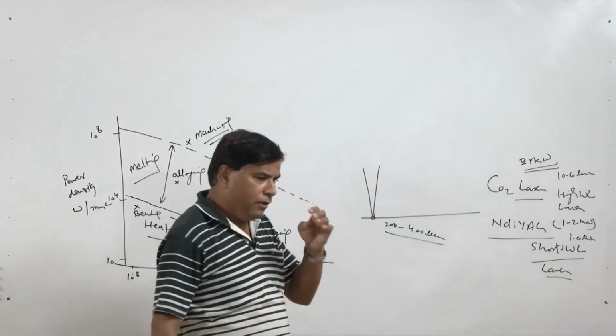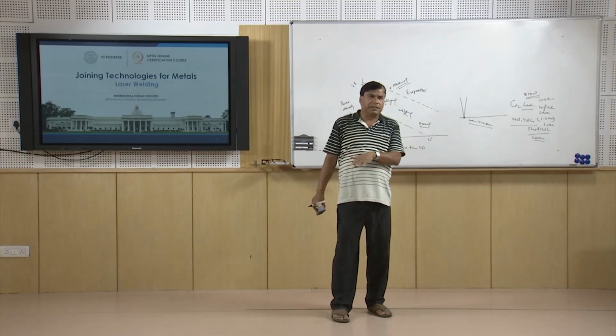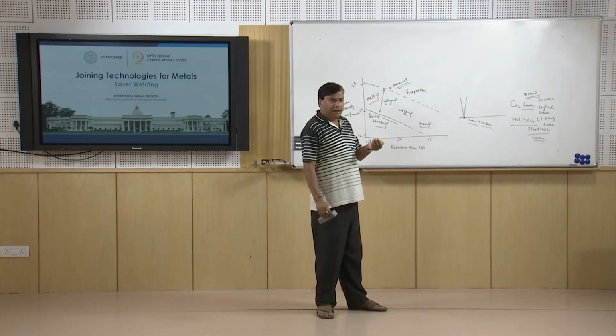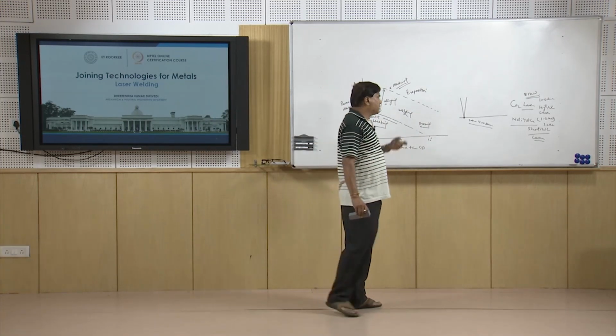So the wattage of the laser matters a lot in delivering the power over the surface. Higher is the power available with the laser, it can deliver a lot of energy over a smaller area in a short period.